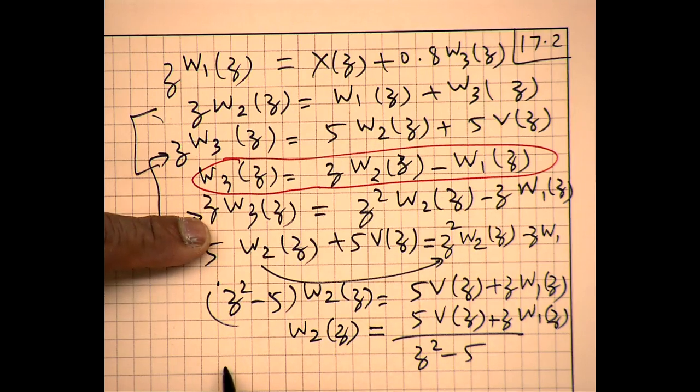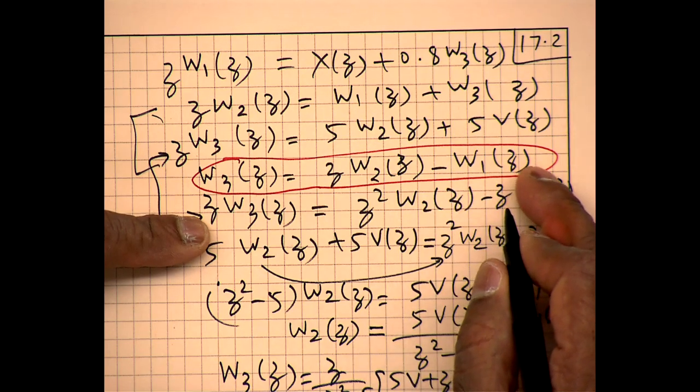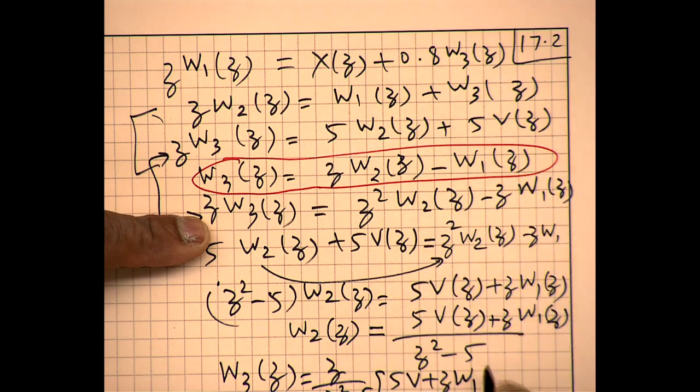So W3z is equal to z by z squared minus 5 times 5V plus zW1, minus W1. Okay, so that's W3.